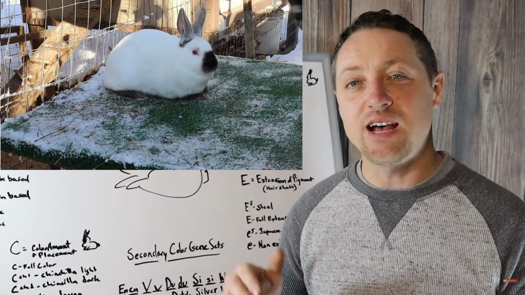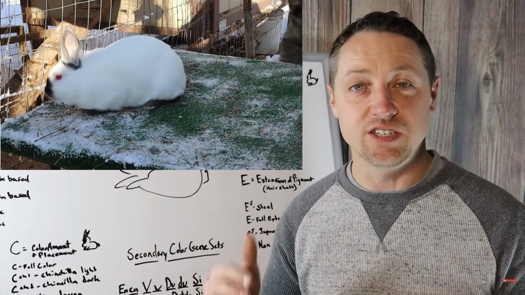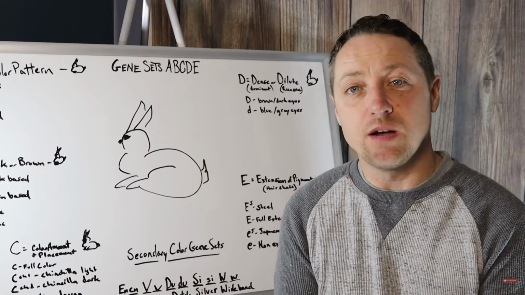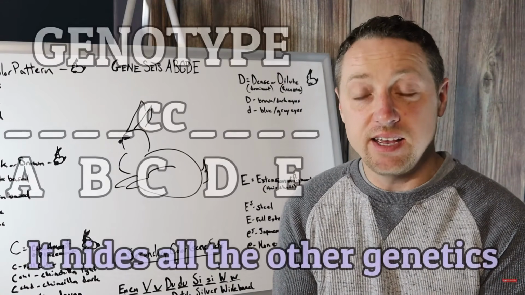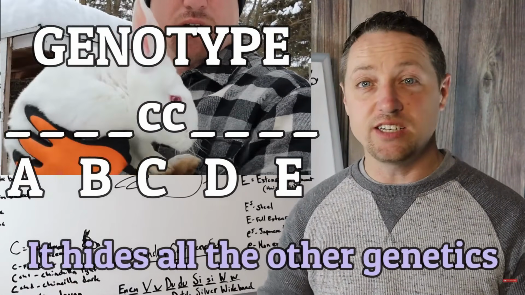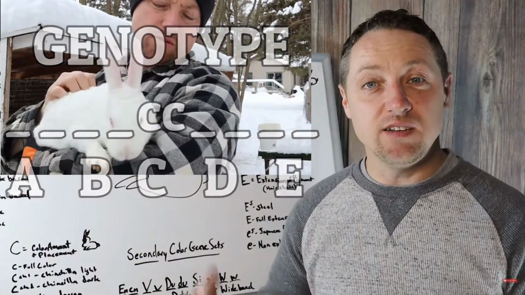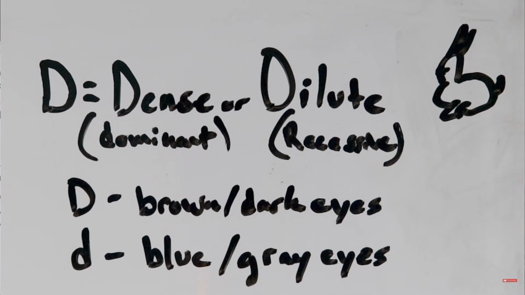So based on if it's a chinchilla light or chinchilla dark gene, and then you also have Himalayan or albino gene. Albino is the most recessive gene out of the C series. And when you have a double lowercase c, it cancels every other gene in every other series out. And then moving on to, we talked about the D series, the dense or dilute.